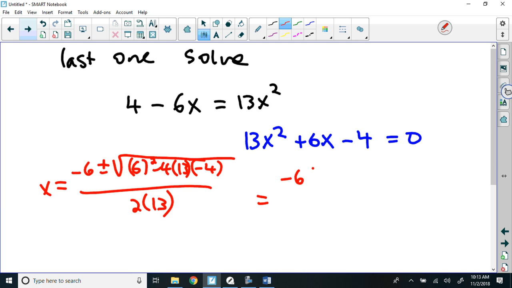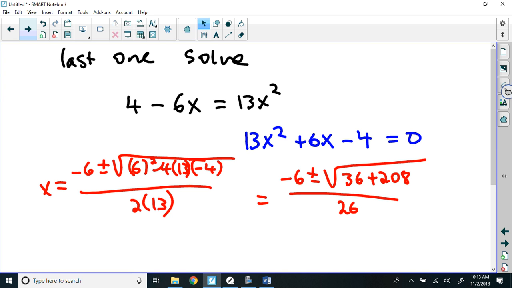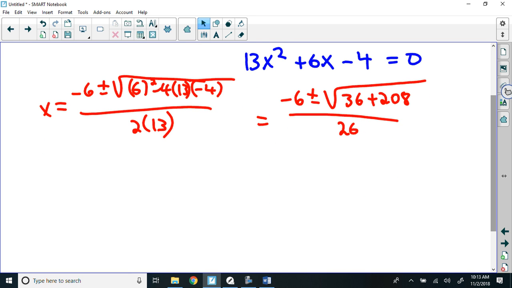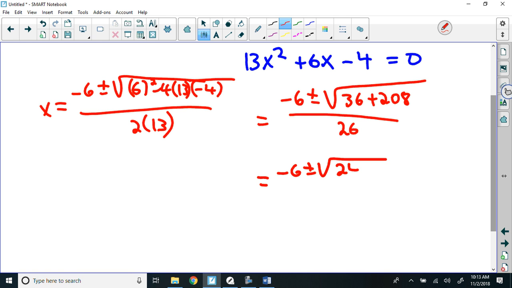So it's going to be negative 6 plus or minus the square root of 36 plus 208. That's all over 26. 36 plus 208, is that 244? So this is negative 6 plus or minus the square root of 244.